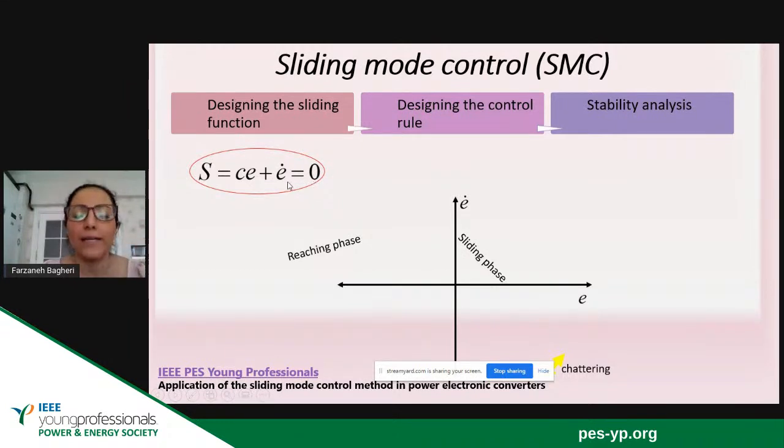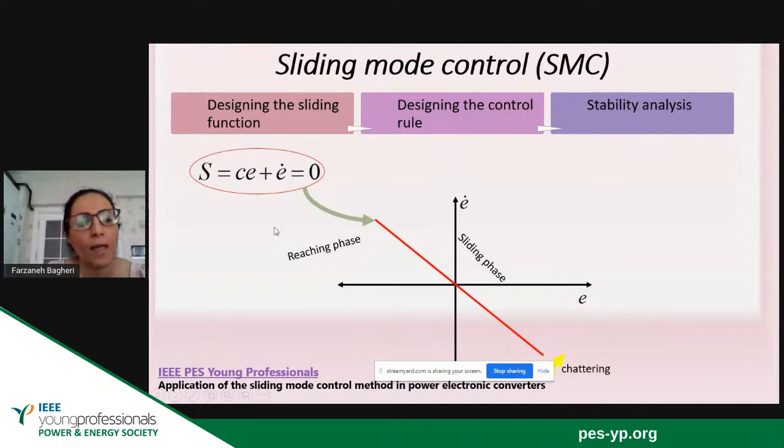If I say that the sliding mode control is happening and the sliding function is equal to 0, then we have a first order differential equation. If you solve this first order differential equation, then it is such a red line in this e, e dot plane. The slope of this red line is equal to c, or this coefficient that I call the sliding mode coefficient.